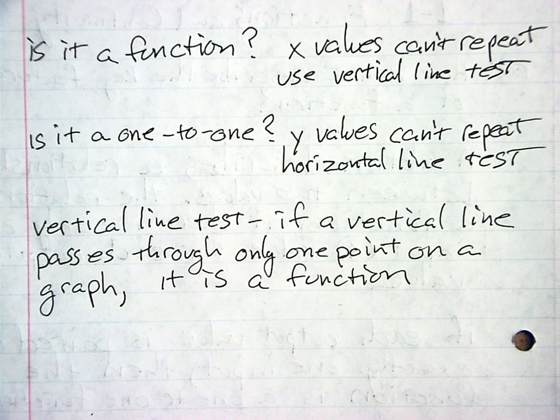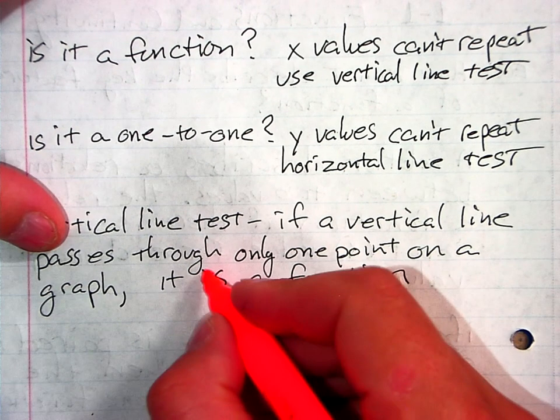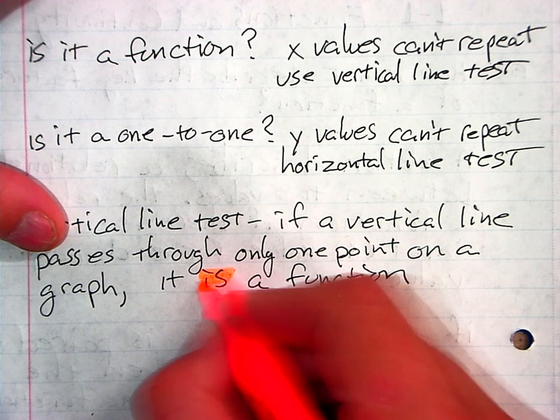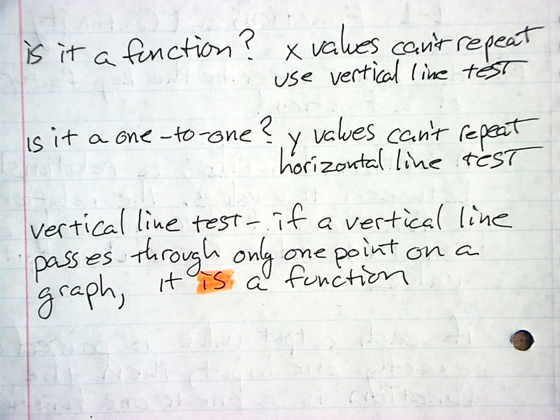All right, Jonna, question. What's the most important word in that sentence right there, would you say? It is or is not a function. So if I was a good Avid student, even if I wasn't a good Avid student, I would personally underline or highlight "is," because that's important. It is a function.